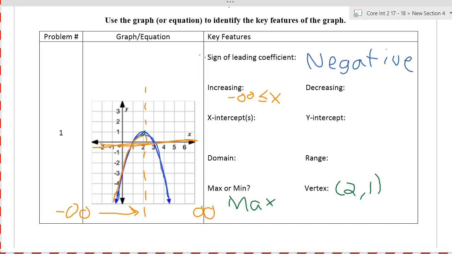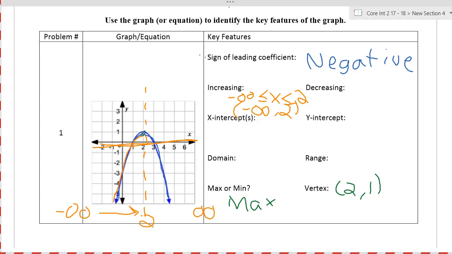We're always looking at where our vertex is, and our vertex is right there at 2. It's less than or equal to 2. Another way to write this is just to use parentheses. We call this interval notation. This is saying from negative infinity till 2.